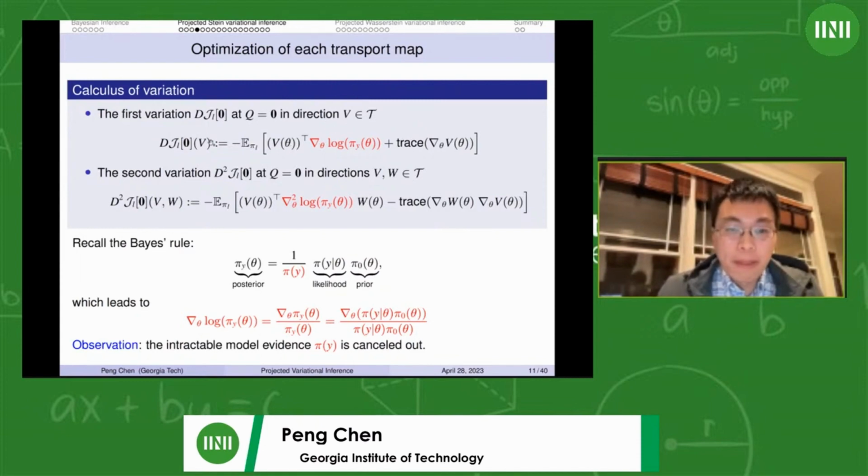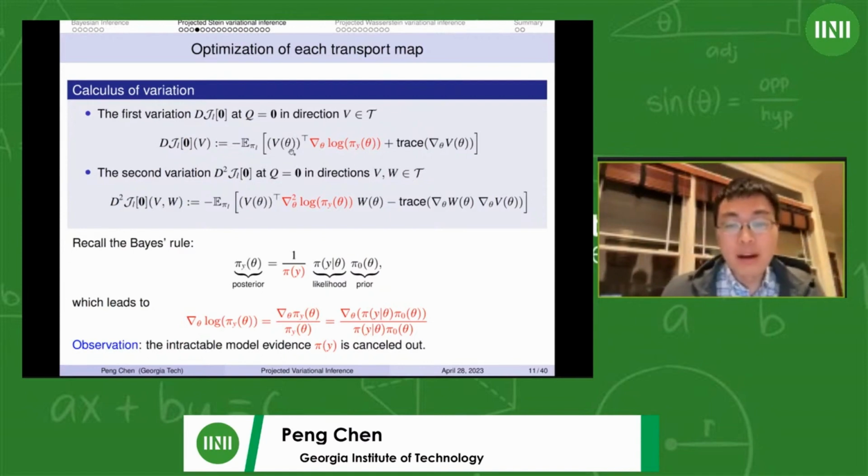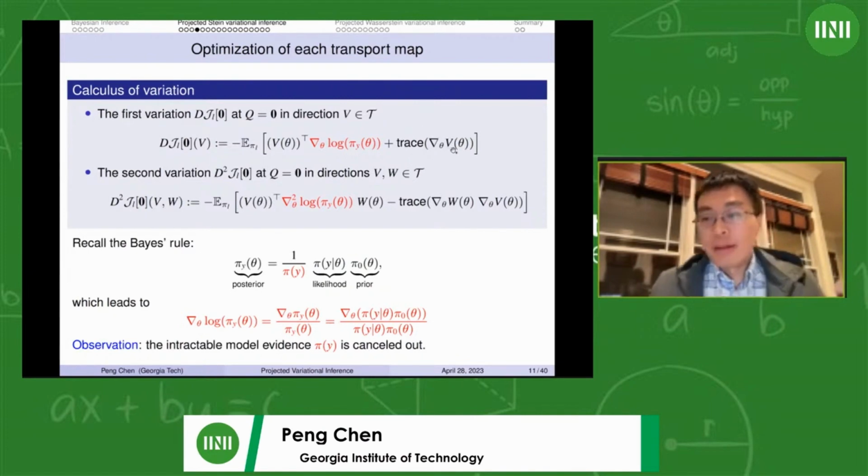Now this is explicitly given by the expectation with respect to the current density pi L. Here you have the gradient of the log of the posterior density, pre-multiplied by this vector function V of theta in dimension D, because theta is now in dimension D. You also have a term with the trace of the Jacobian of this function with respect to the parameter theta.